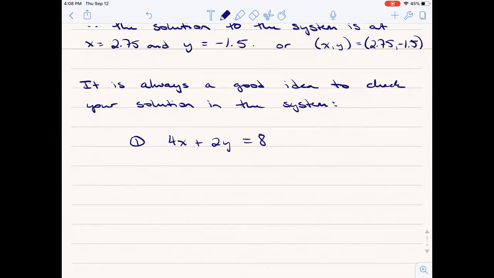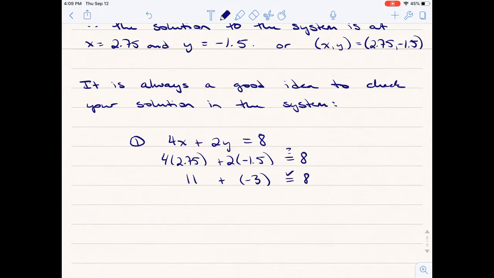And so if we plug in 4 times 2.75 plus 2 times negative 1.5, the question is, does it equal 8? So I'll just put a little question mark up above until we've confirmed it. But 4 times 2.75 is 11 plus negative 3, which is 8.